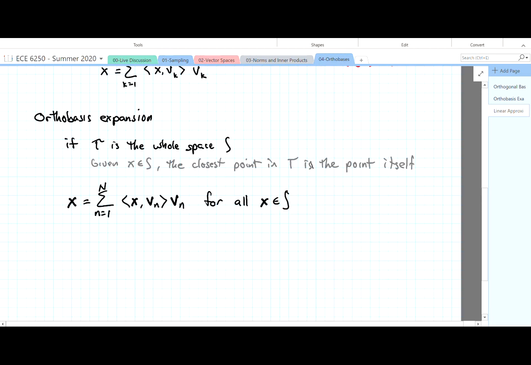So if it's an infinite dimensional space, this works as long as the sum of all the projections, the absolute sum of all the projections squared, is finite.